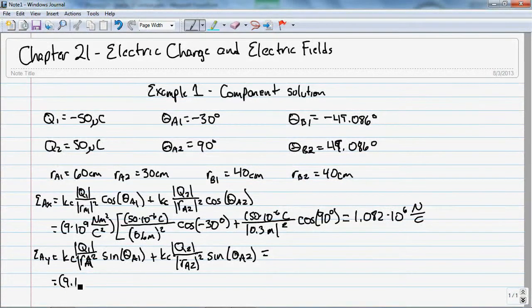Again, I'm going to factor out that k constant.